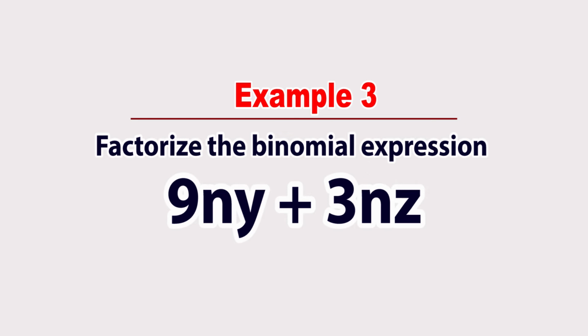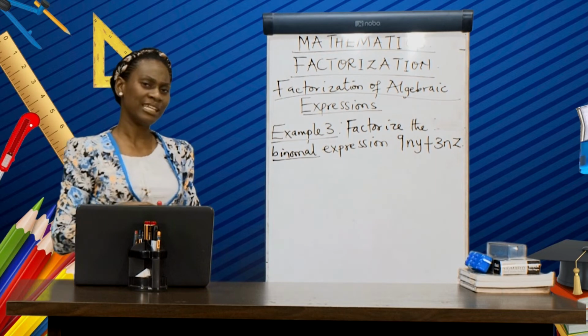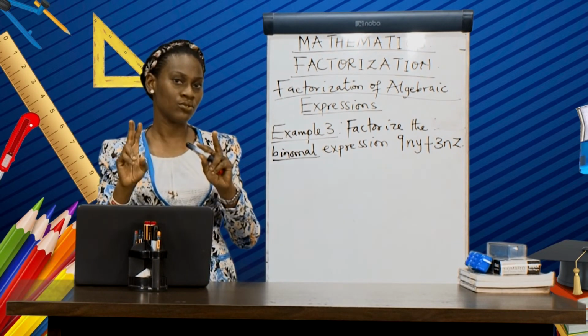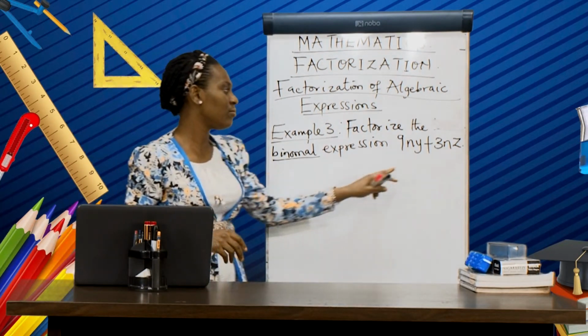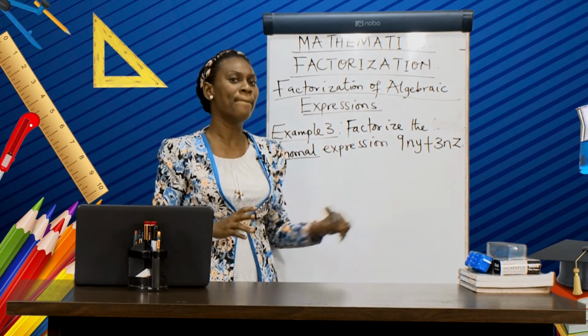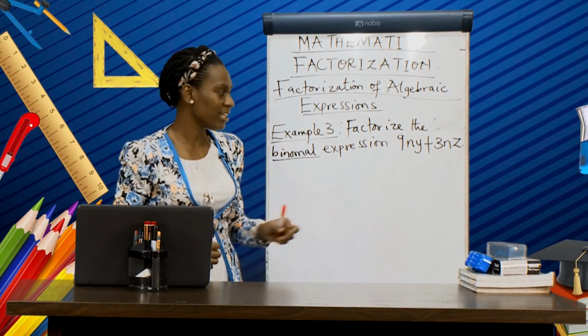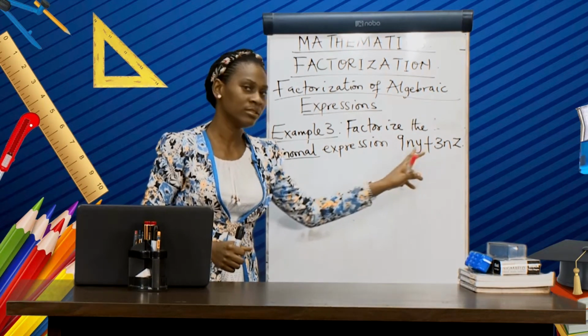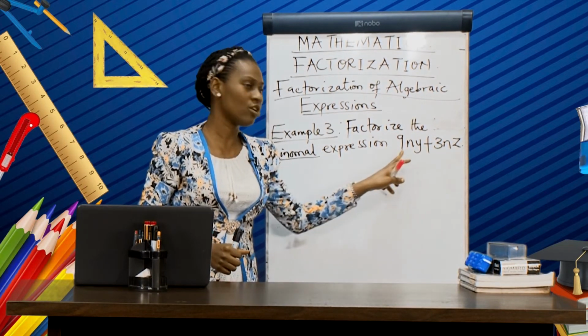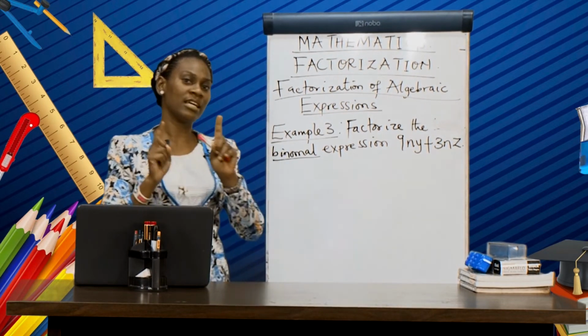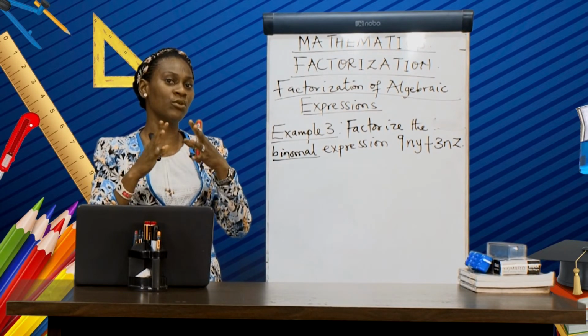How do we solve this problem? Now, I want you to take note of the word binomial. We know that the word bi means two. So this expression is called a binomial expression because it has just two terms. If it is an expression with just one term, we call it monomial.